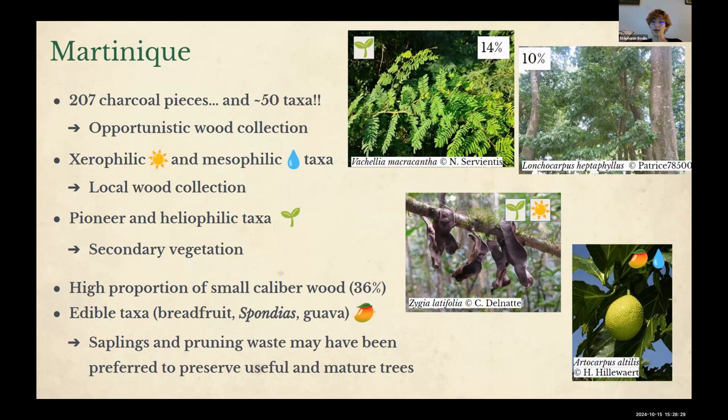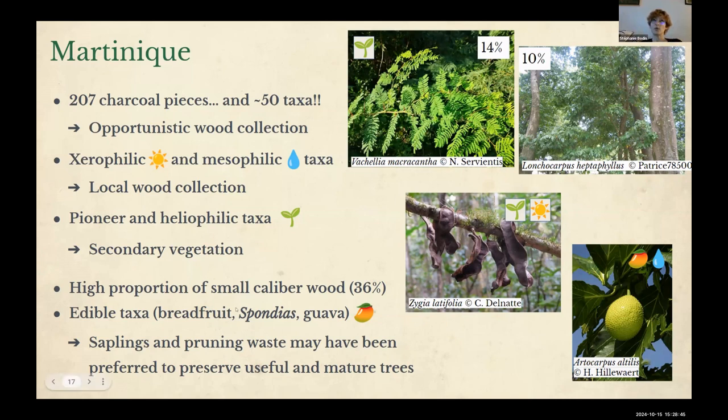And so we can think that people were rather collecting wood from twigs, small branches, or they were taking them from pruning waste. And we thought about that because of the edible taxa.